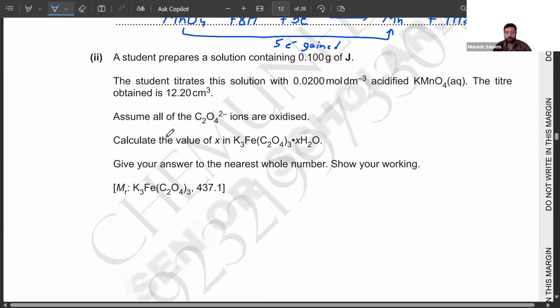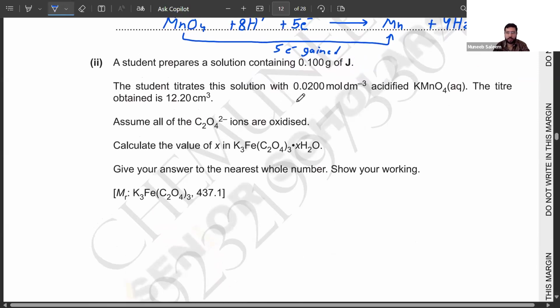First of all, we will convert the concentration and the volume of potassium manganate into moles. This is C and this is V. So the number of moles of potassium manganate, KMnO4, will be equal to 0.02 times 12.20 divided by 1000, since the volume is in cm³, so we divide by 1000.